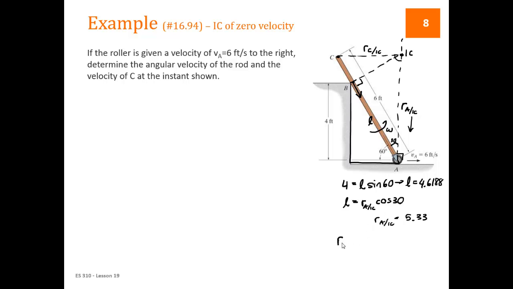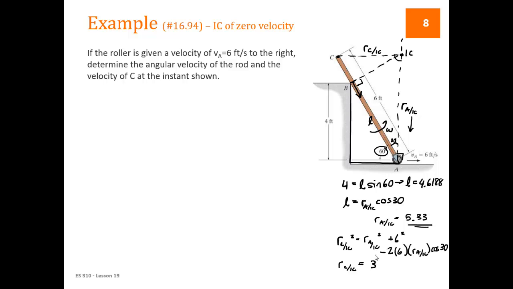So we have that R of C relative to IC squared is equal to R of A relative to IC squared, plus 6 squared, that's the other side of the triangle, minus 2 times 6 times R of A relative to IC times cosine of 30. So we know R of A relative to IC, that's the 5.3. So we know all of these things, so we can solve this and we get that R of C relative to IC, at the point where this angle is 60 and that angle is 30, is equal to 3.